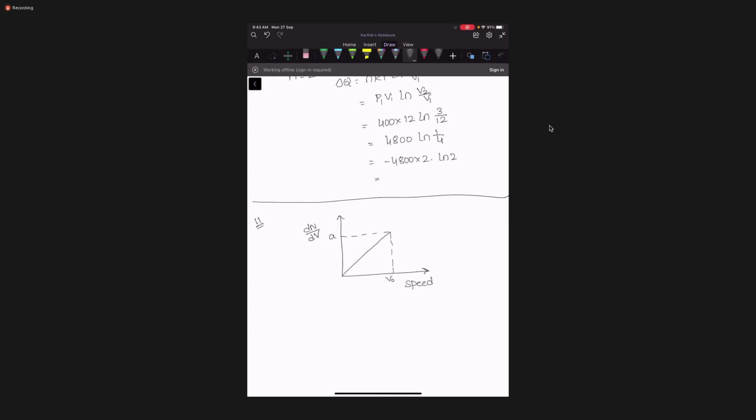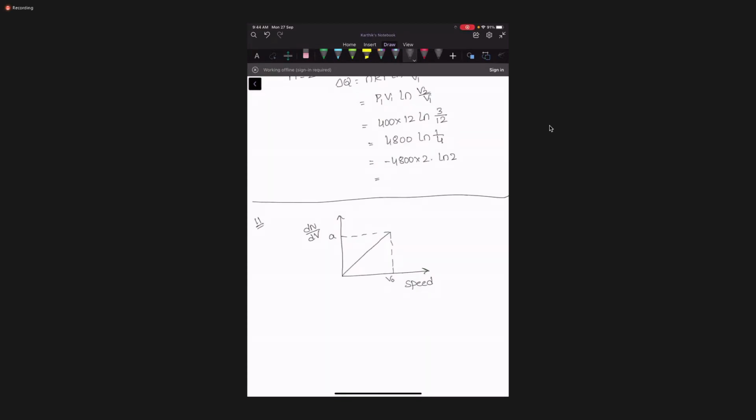dN by dV is 0 for V greater than V naught. No, we have to calculate V average first, because in options, VRMS, V average is given, no?